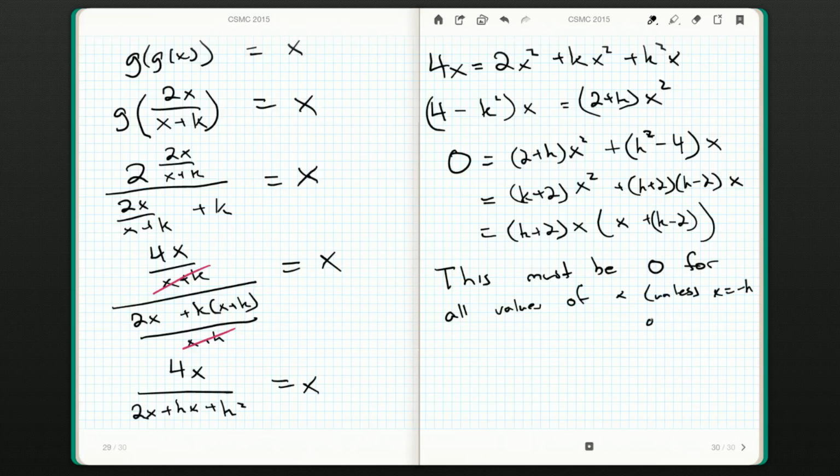Unless x is negative k or g of x is negative k. Okay, so this has to be true.